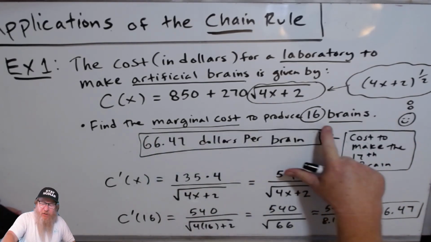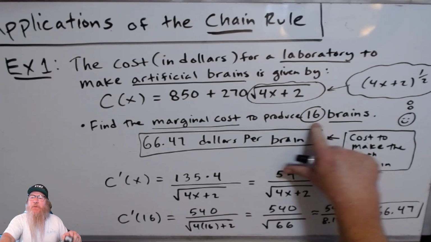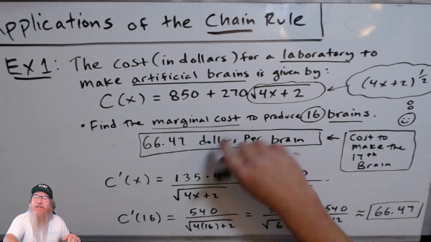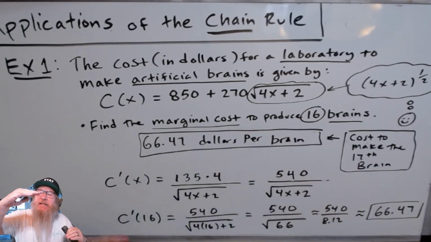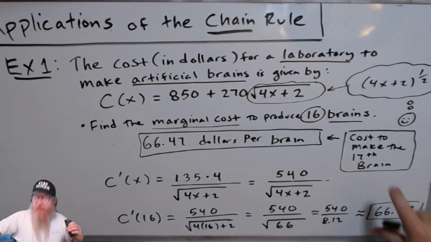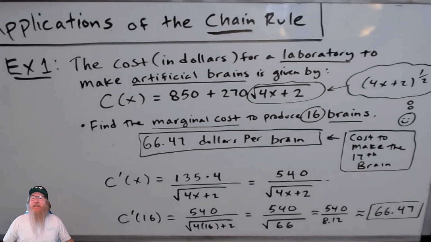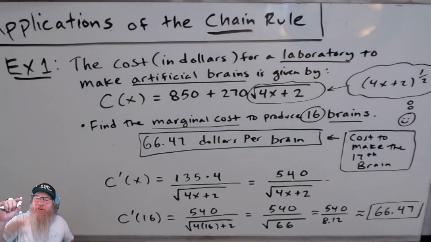So essentially, you've already made 16 brains, right? That's what marginal cost is. It's like saying, okay, we've already made 16 of them. What's the margin on the next brain? So the 17th brain would be 66.47. All right, that's that little increase.